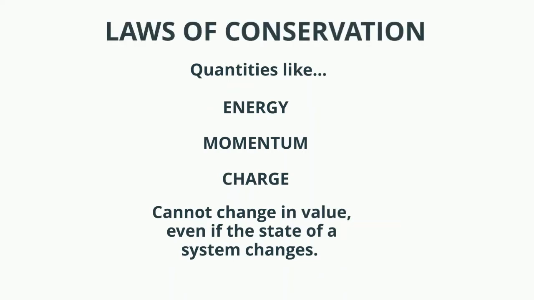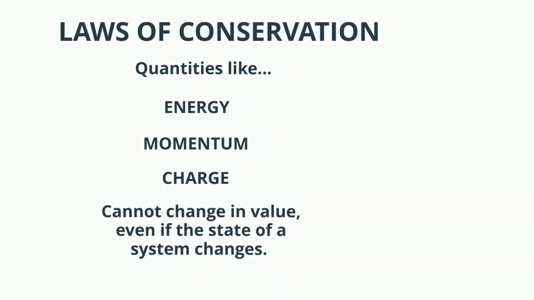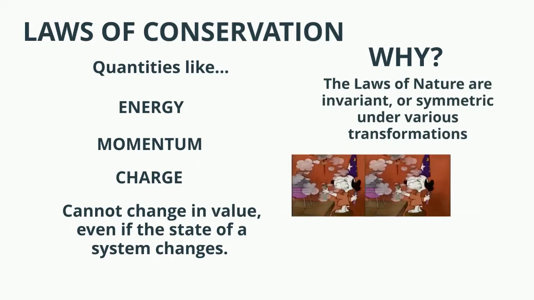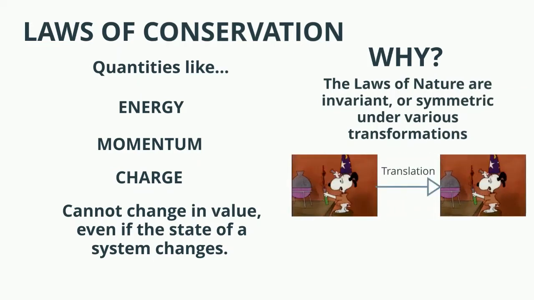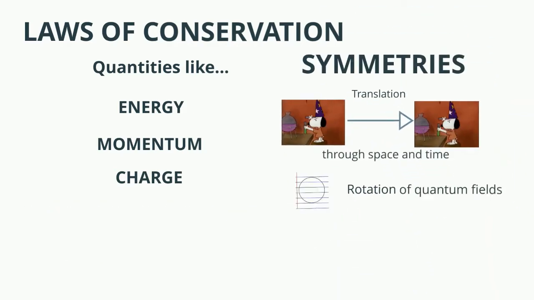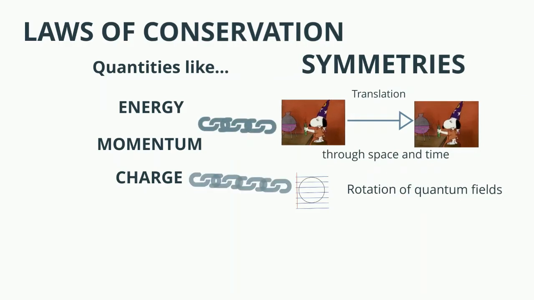These laws of conservation result from the fact that the laws of nature are invariant or symmetric under certain kinds of transformations, such as translations through time and space or various rotations. Through Noether's theorem, we can determine mathematically what conserved quantity is associated with each symmetry of a system.